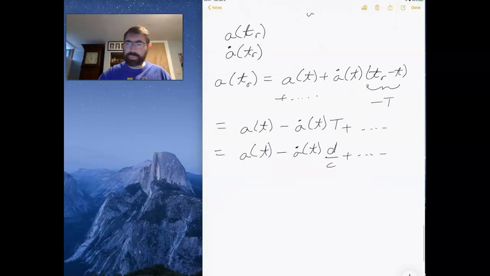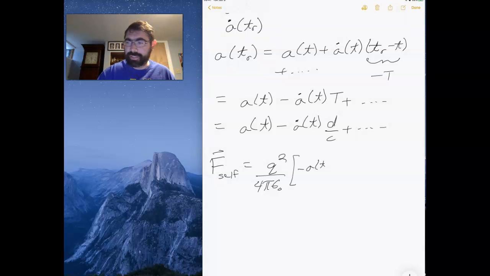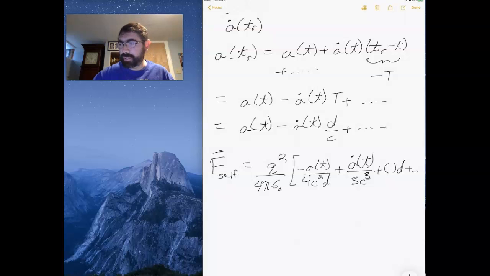So when I put those into the expressions, I now get, for the force, q squared over 4 pi epsilon naught minus a t, not a tr, 4 over c squared d plus a dot of t, 3 c cubed plus a term in d plus dot dot dot.